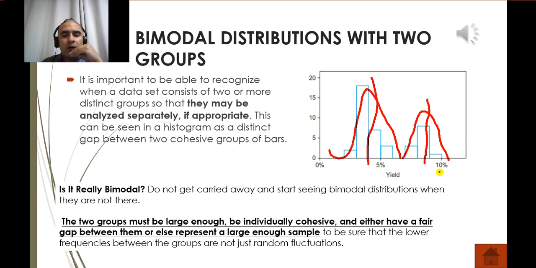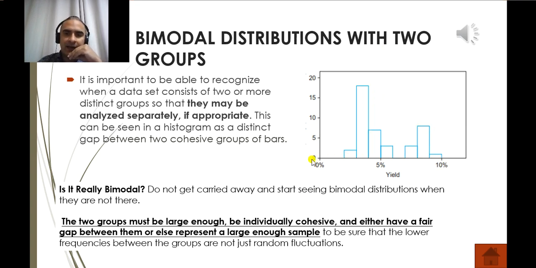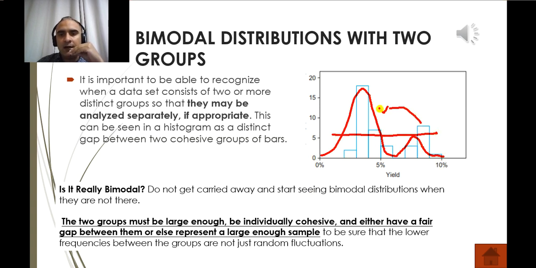Sometimes we have large sets of data, and then we have some small bumps in here. When we have a small bump that is not sufficient to compare to the big one, that means it's not bimodal, it's just a skewed distribution. So we have to be very careful.